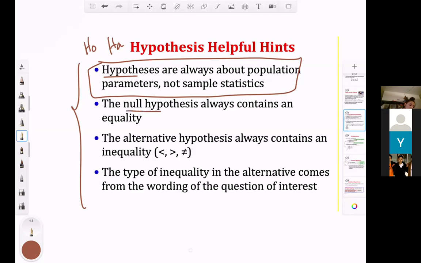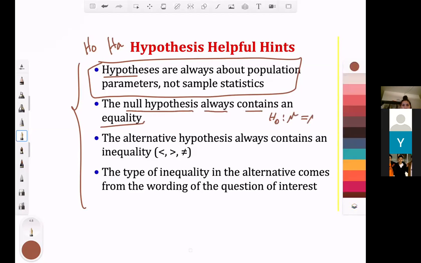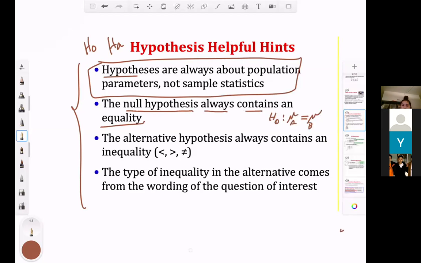The null hypothesis always contains an equal, like mu equal to mu of A equal to mu of B. The alternative hypothesis always contains an inequality.